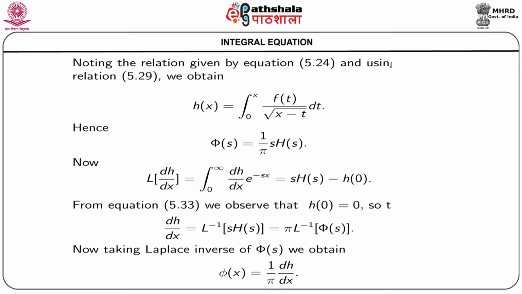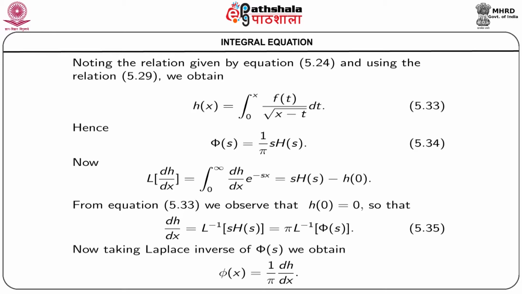And this is given by small h x is equal to integral 0 to x f t by root over x minus t dt. You may recall that capital M s is the Laplace transform of 1 by root over x. So, using the convolution we get h x as given by 5.33.